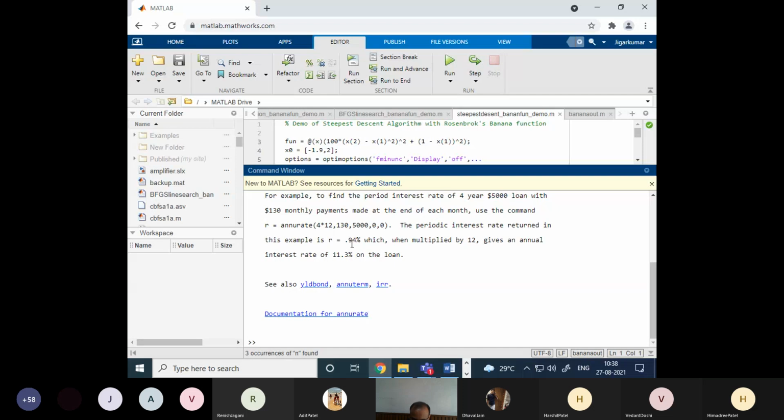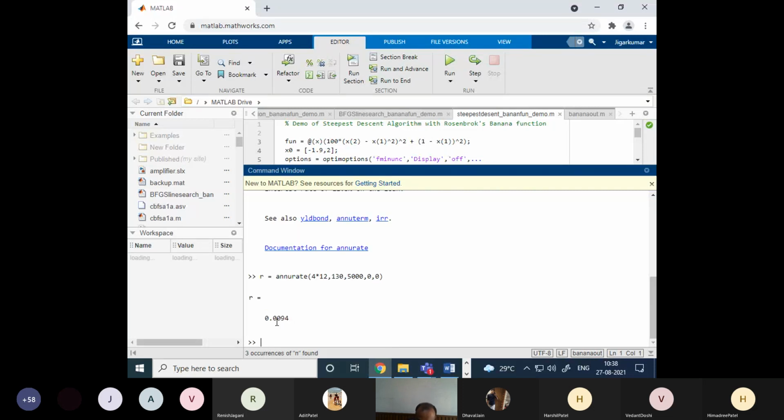Based on that, it calculates 0.94%. If I run this command, it calculates 0.0094, so you have to multiply it.